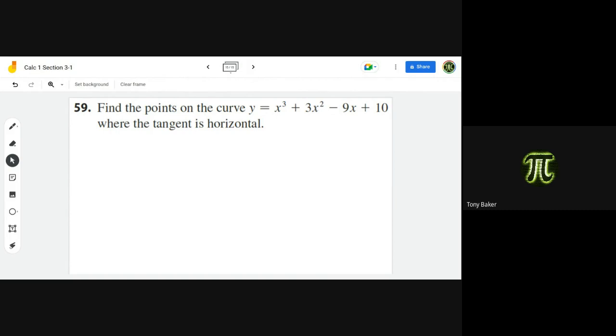What am I looking for? The tangent lines are basically my slopes, so yes, it's the derivatives. So I'm going to find the derivative, and I want to know where it's horizontal. So I want to find where my derivative is 0. So step 1, find the derivative. And then step 2, set that equal to 0 and solve.